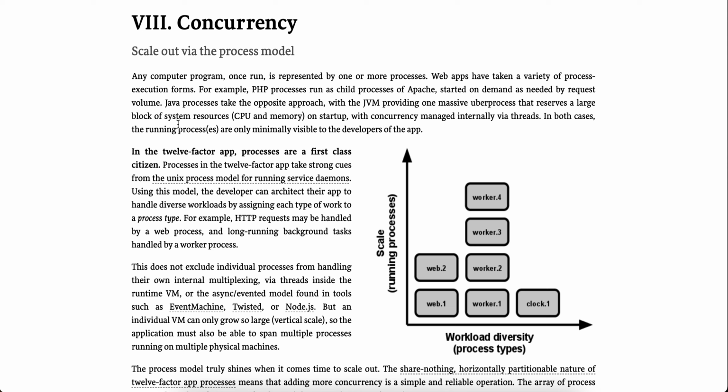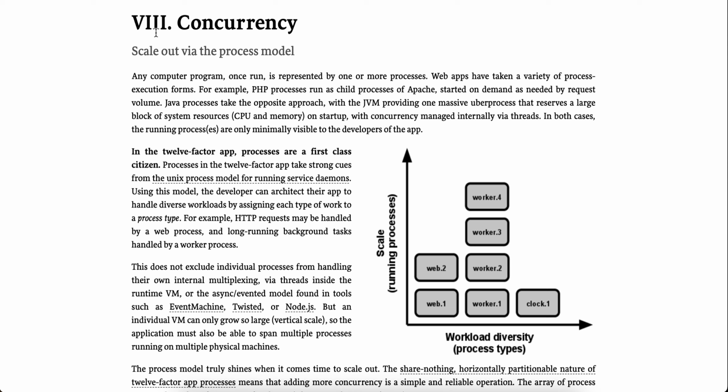However, they implement concurrency in a different way. It's not just the Unix process model. It could be a different way where you are still implementing concurrency in an efficient manner. So this is some sort of disclaimer I wanted to give. This is not the only way, but this is one way which the 12-factor app promotes.